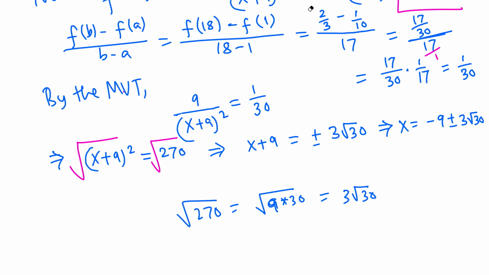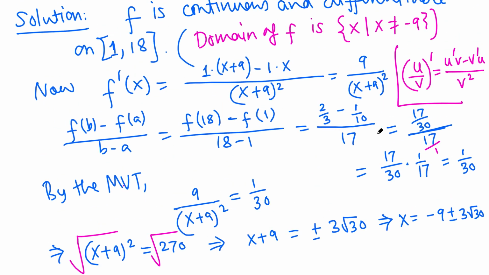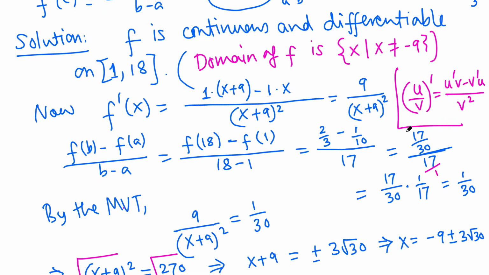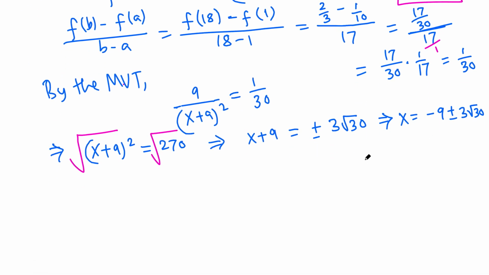So basically we got two numbers. We need to make sure the numbers lie inside the given interval 1, 18. So that is negative 9 plus 3 root 30, and negative 9 minus 3 root 30.